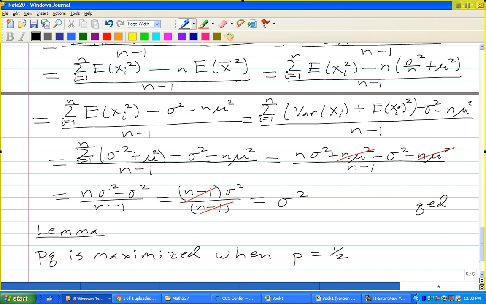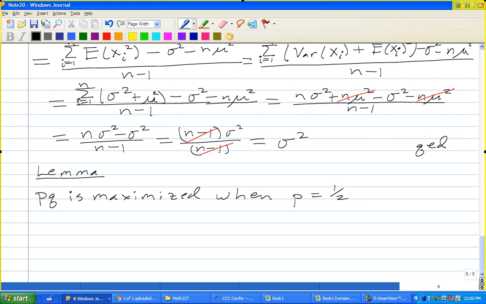So let's look at this. Well, PQ equals P times 1 minus P, which is equal to P minus P squared. So let me write this polynomial in descending order.